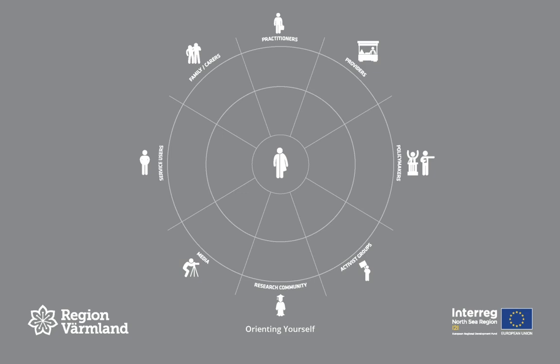So feel free to use this. This diagram is available to download. So feel free to use this if it's helpful, or change the categories if you can think of ones that are better. But this is also just a chance, as well as forming these thoughts in our heads, as we start to take a more service design oriented approach, we also have to start thinking about how we visualize that and how we can share that.